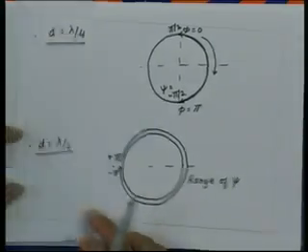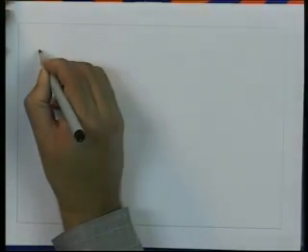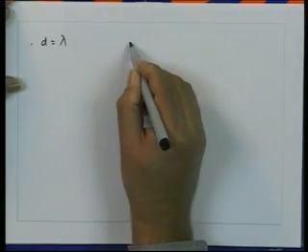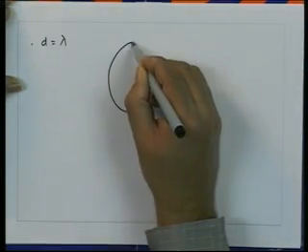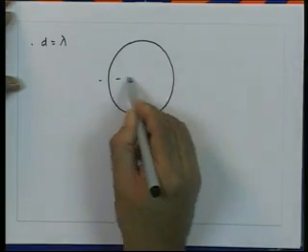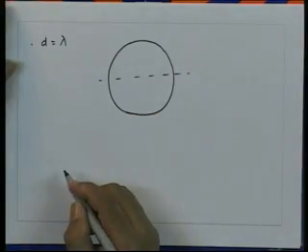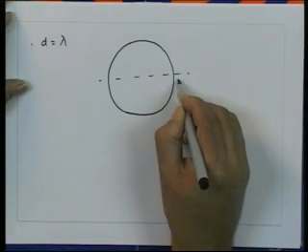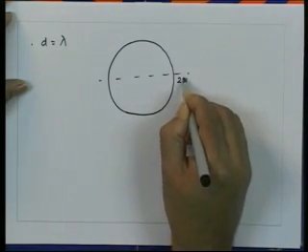and as we saw in the case when d is equal to lambda, the range goes from 2 pi to minus 2 pi. So, here it will start with 2 pi, which is 2 pi here.